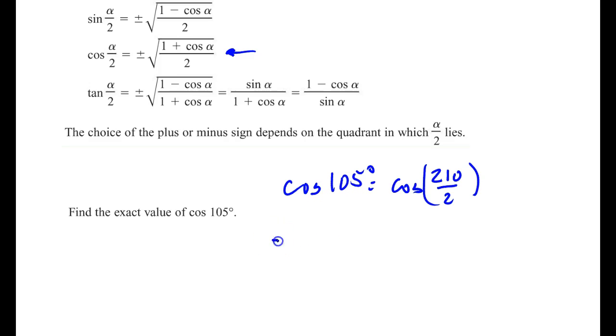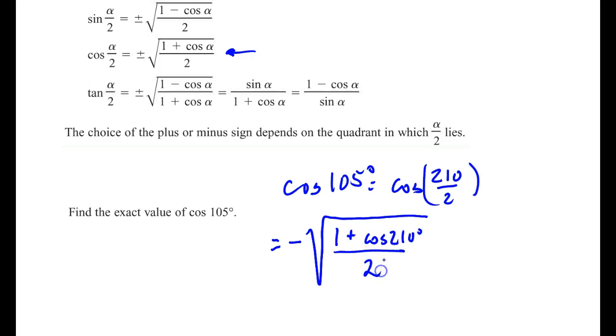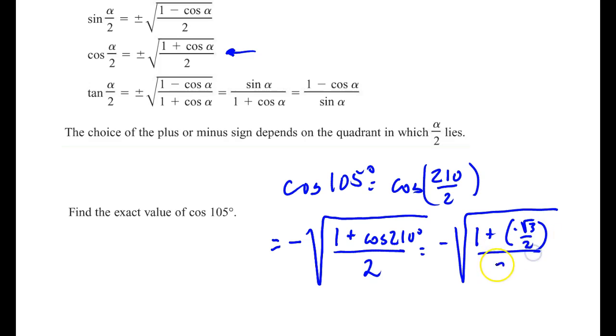So the cosine of 105 is going to be negative square root of 1 plus the cosine of 210 over 2, which is the negative square root of 1 plus, now 210 is a 30-degree angle in the third quadrant, so it's negative root 3 over 2, and that's all over 2.